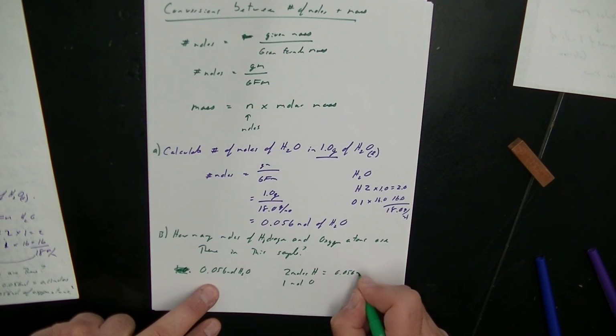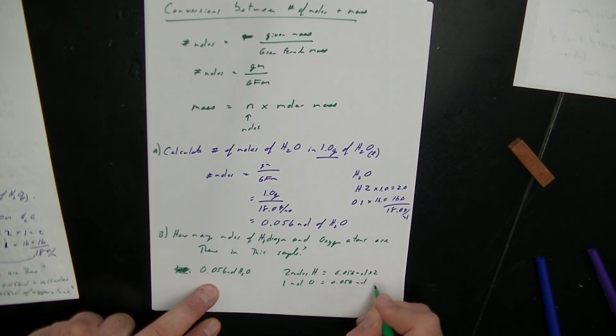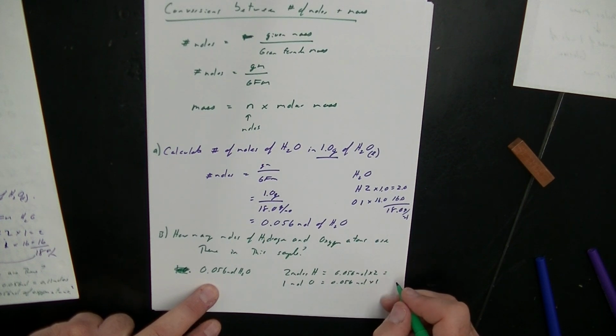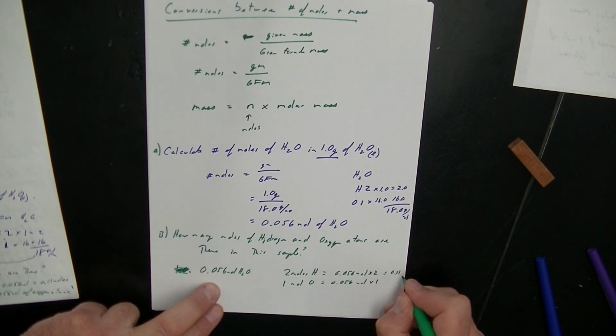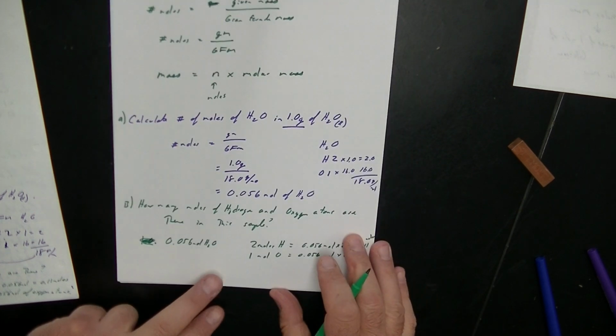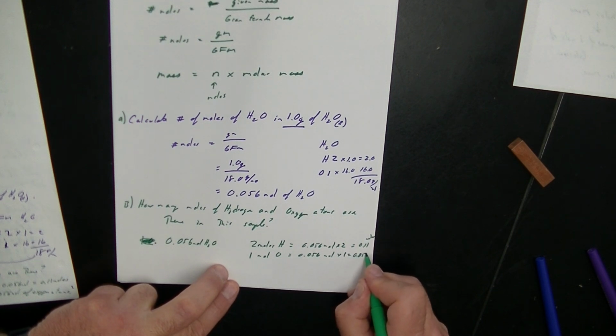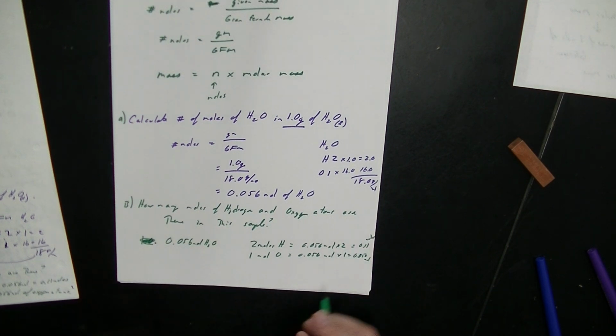To find the number of moles of hydrogen, I'm going to have to multiply that by 2. And I'd have to multiply this by 1. So I would end up with 0.11 moles of hydrogen and 0.056 moles of oxygen.